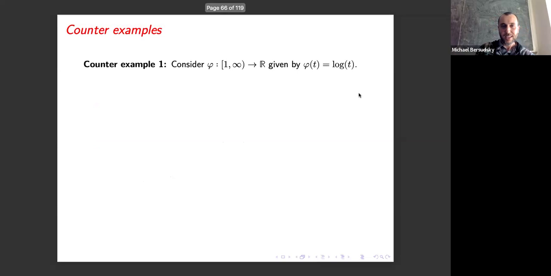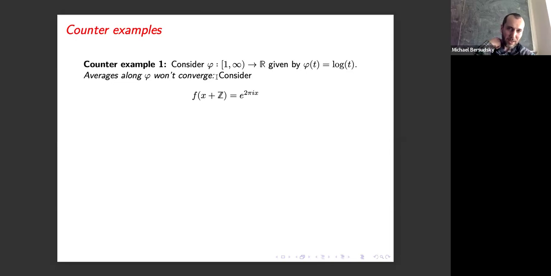The first example is the log function. If you take the log function, think of it as a curve in the real numbers. I'll show that those averages in R mod Z, in the circle, fail to converge.